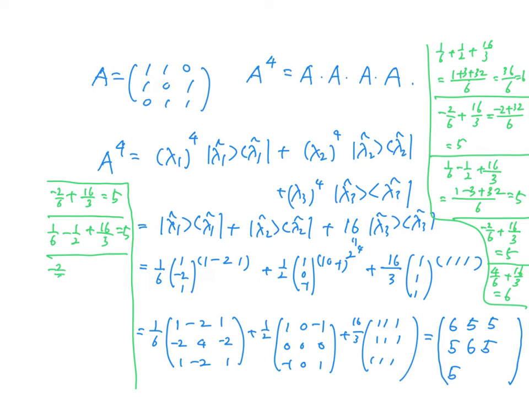Minus 2/6 plus 16/3 is 5. And 1/6 plus 1/2 plus 16/3 is 6, right?